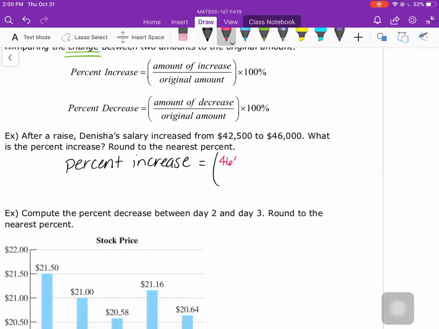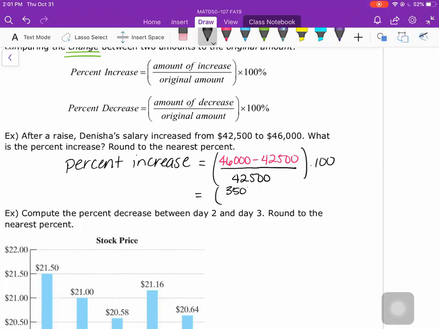42,547. What's the original amount? That 46,000 minus 42,500, that was our 3,500.